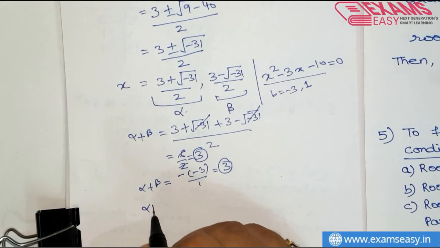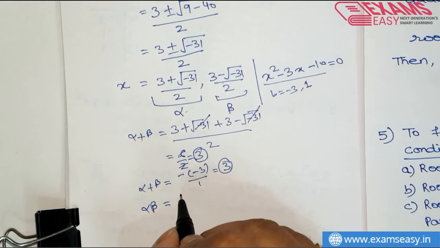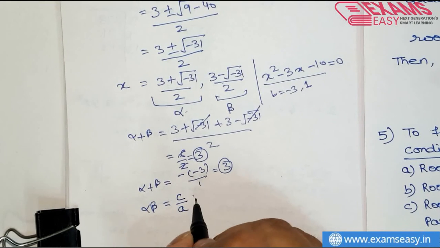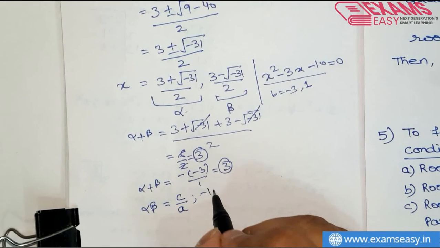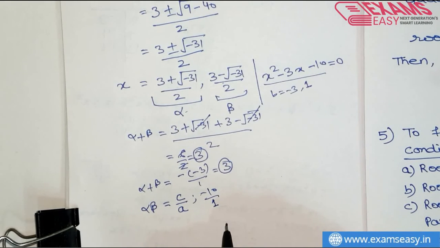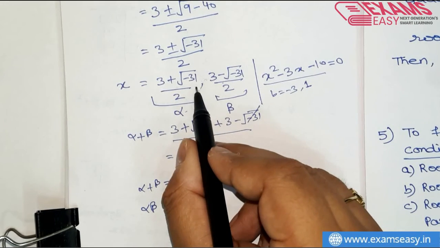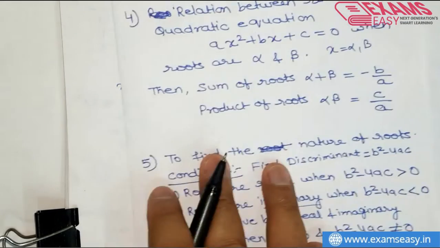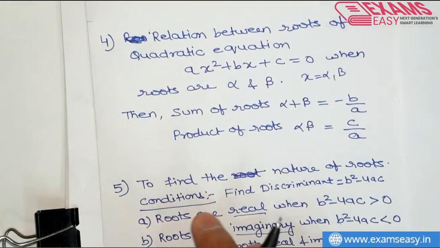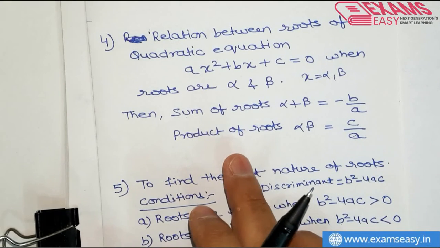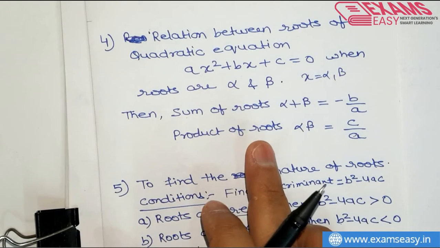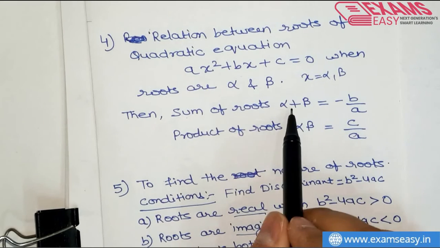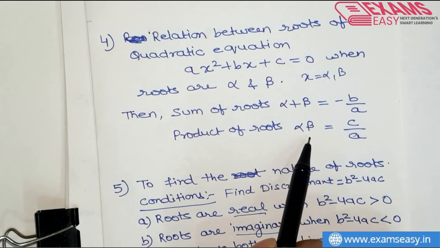Similarly, alpha into beta, the product of roots, will be given by c by a, that means minus 10 by 1. So directly you can calculate the product of the roots, or you can multiply these two and find the same result as minus 10. This relation is useful when you are asked to find the quadratic equation given the sum of the roots and the product of the roots.